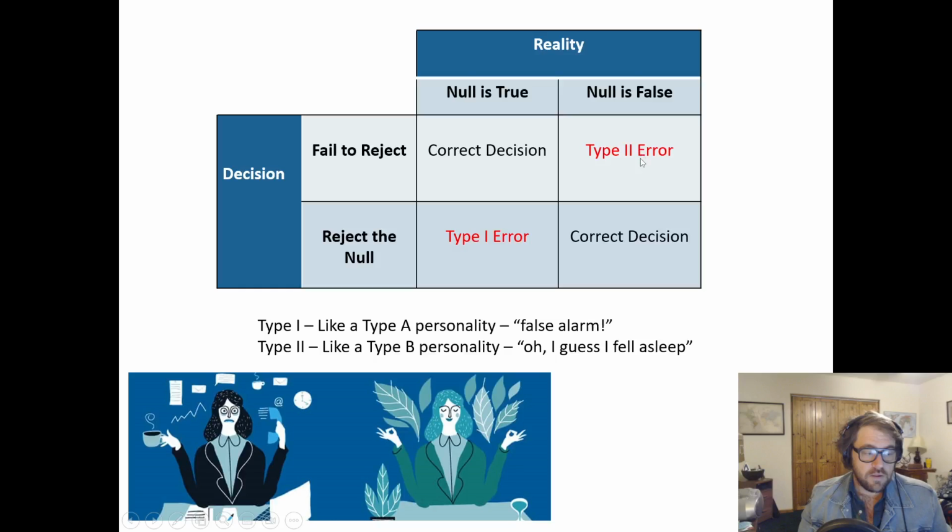Something's going on, but you failed to reject the null. You said, no, it's fine because you were sleepy. And you're like, there's nothing going on. It's fine. But there was. So that's a type 2 error. So type 1, type A. Type 2, type B. False alarm. Or, oh, I didn't catch it. I was asleep. Hopefully that helps you out. Okay.